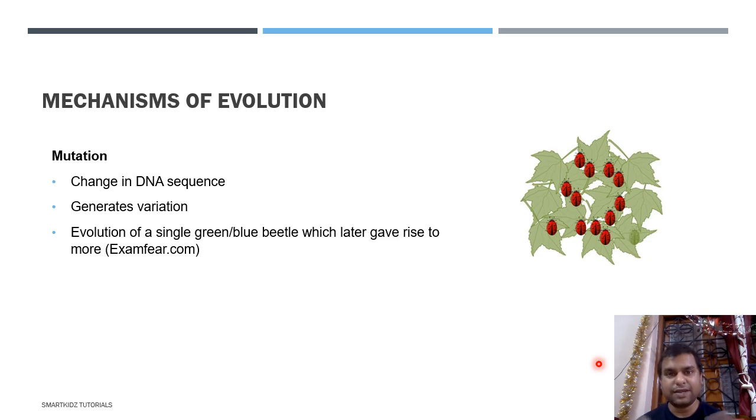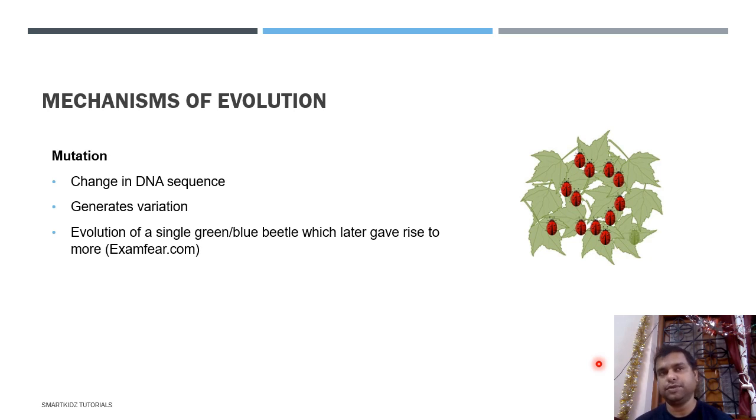The likelihood of undergoing mutation is very high in the case of a virus. So a small mutation happened in the spike protein of this COVID virus, as a result of which it has undergone certain changes and become apparently more infectious.